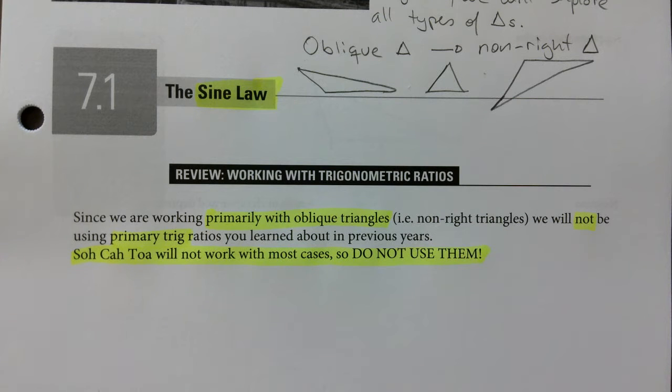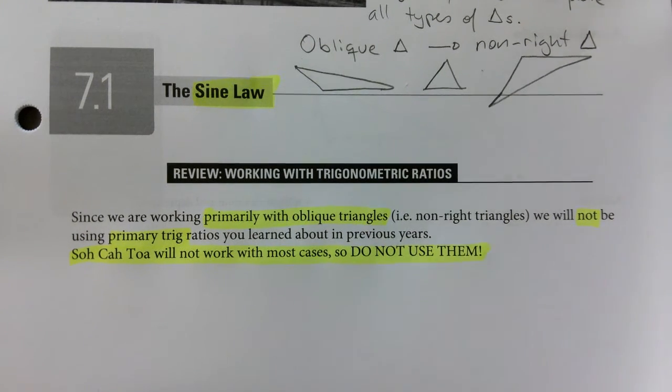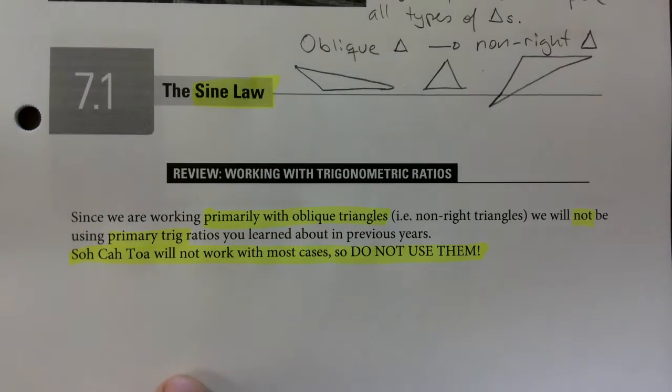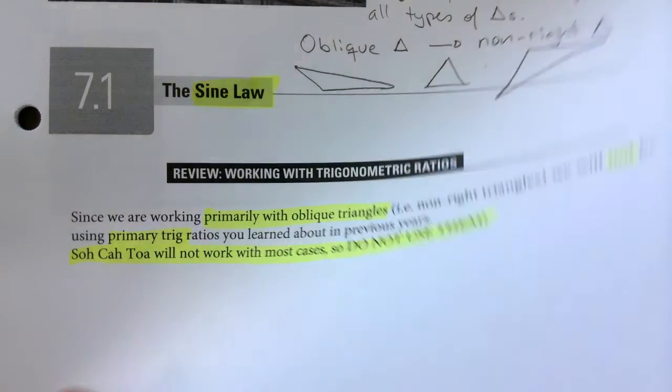So if you remember SOHCAHTOA, 99% of the time it's not going to work for you. So I would just not use it, because what I'm going to teach you works for every scenario, oblique or right triangle. Okay, and that's all for this page. Let's go on to some previous concepts.